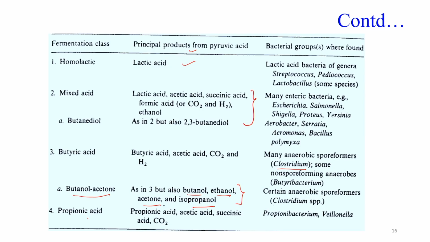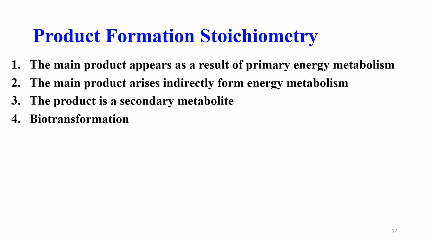In addition, there is synthesis of propionic acid produced by Propionibacterium. So, you may have different classes of fermentation like homolactic, mixed acid, butyric acid, propionic acid, and so on and so forth. For these there are different metabolic pathways and different producer organisms involved.